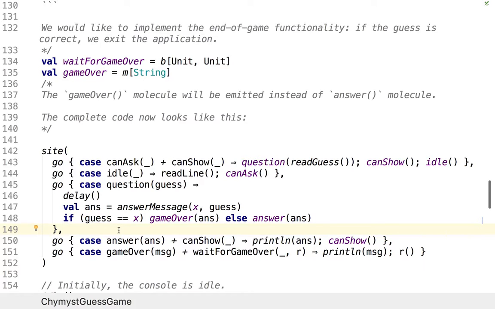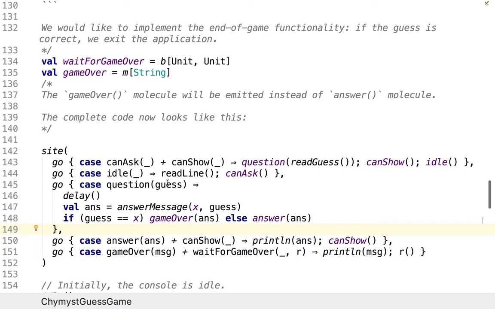So, as we have seen, that screws up the user experience in this game. That makes the user experience incorrect. So let's analyze this code and see how we can resolve this.